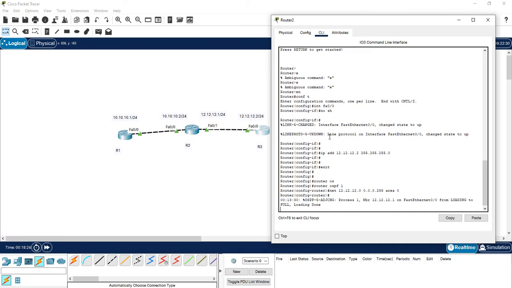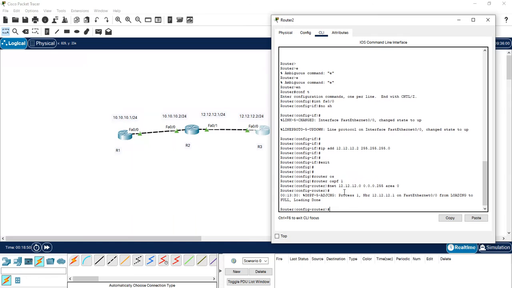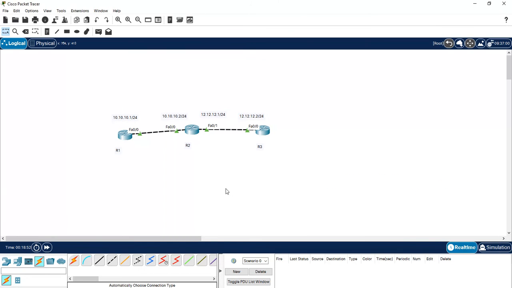Wait a minute. Okay, here they are. The OSPF adjacency: the neighbor is 12.12.12.1, which means router 2, on FastEthernet 0/0, this interface. From loading to full, loading done. So I think now router 1 can be connected with router 3, because they are connected with the OSPF protocol, dynamic routing.